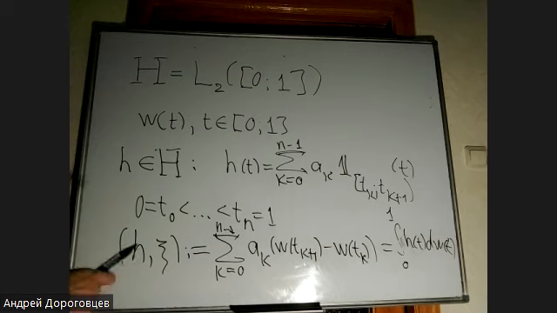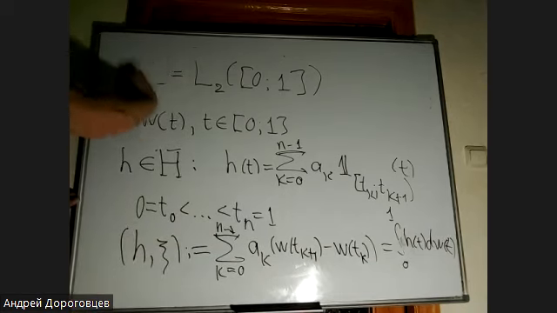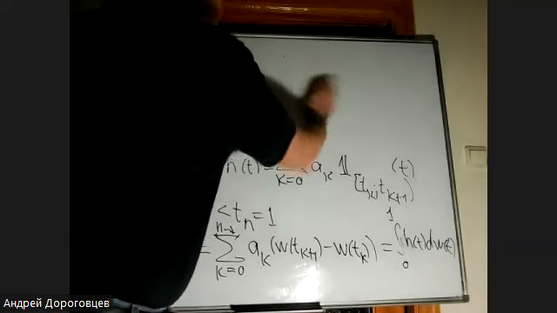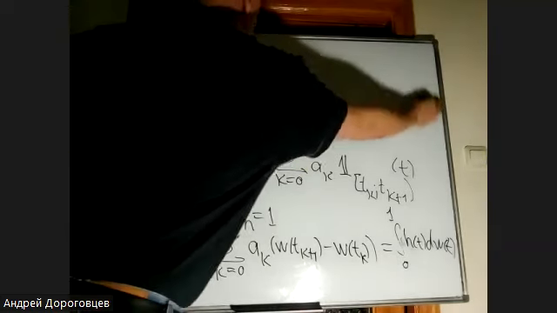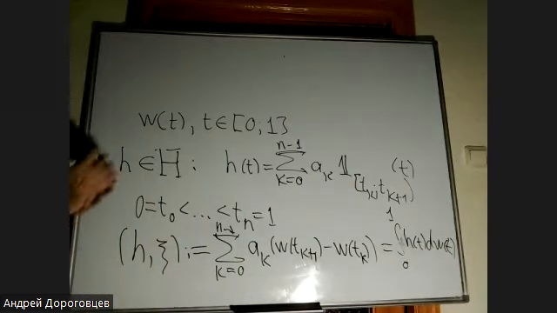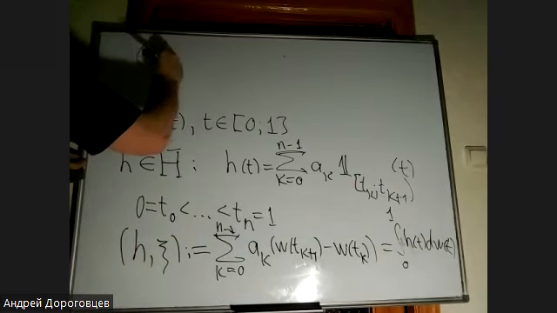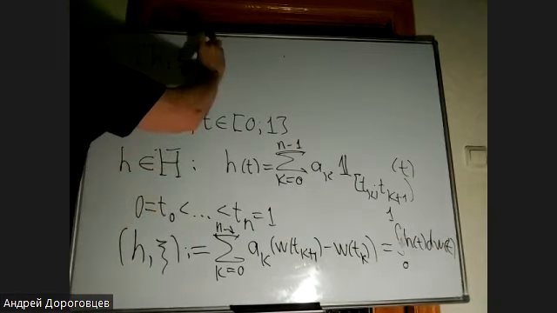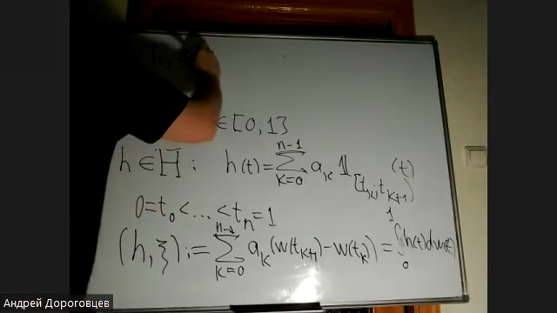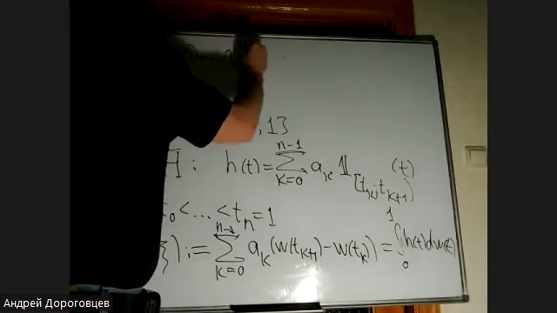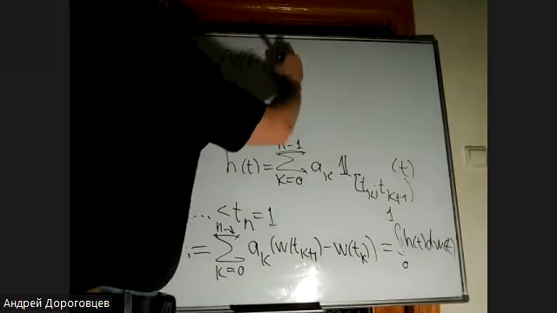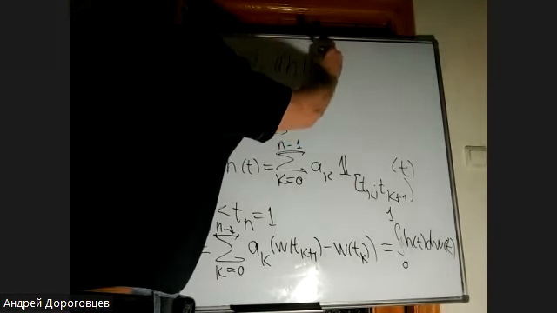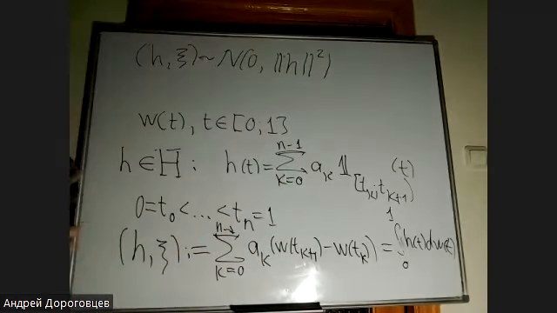But still, this sum, of course, is properly defined. Moreover, one can check that (h, psi) has the required distribution. So it has a normal distribution with zero mean and the squared norm of h as a variance.